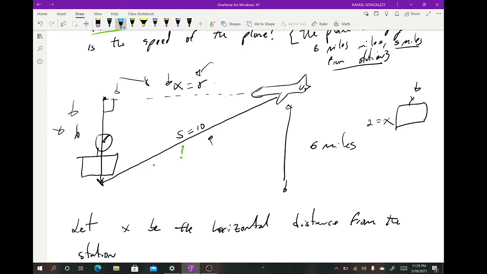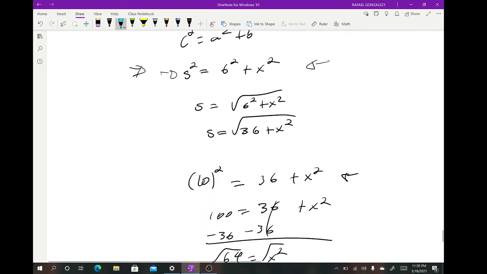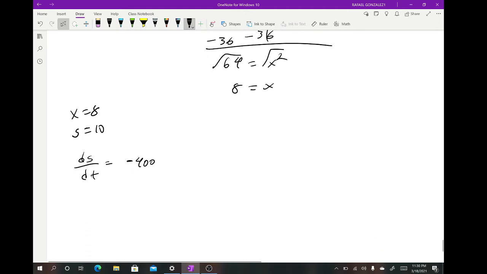It's the hypotenuse in this triangle. So that's what's decreasing at a rate of 400 miles per hour. And what we want to find is the speed of the airplane, and the speed of the airplane is actually given by dx/dt, which is the reason why I decided to go and figure out what x was, because I'm going to need it.